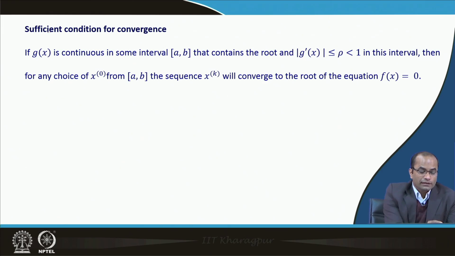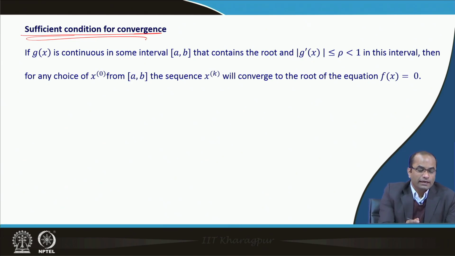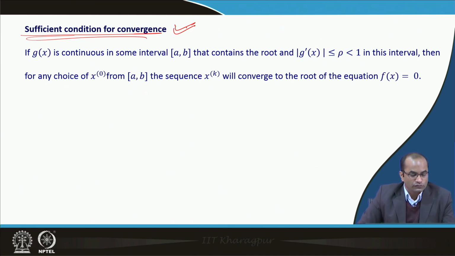Now, we will be talking about which g we should choose so that convergence is guaranteed, and this is the sufficient condition for convergence.